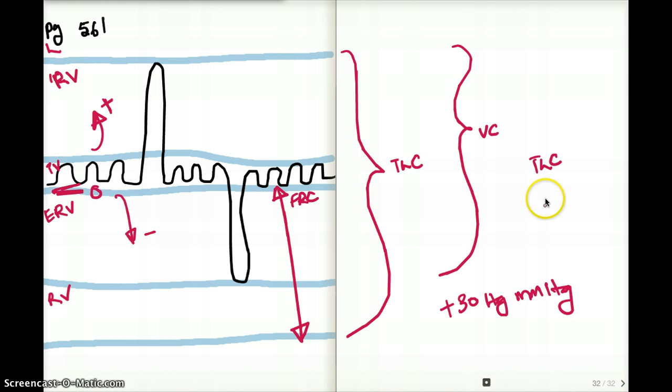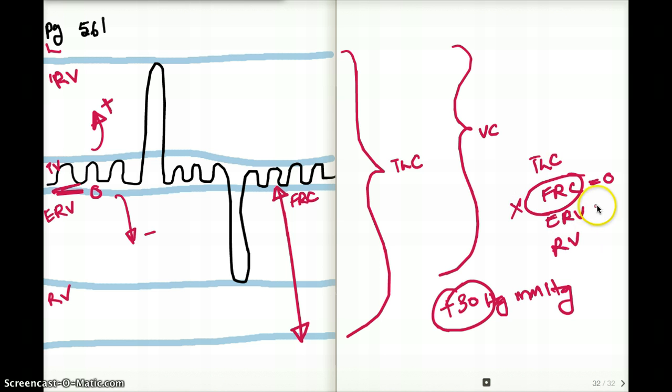Is it FRC? Is it ERV? Is it RV? Okay, we can see that FRC has a value of 0, but this has a positive value, so that's not going to be the answer. ERV is going to be a negative value. Residual volume is going to be a negative value because it creates a negative pressure, right?